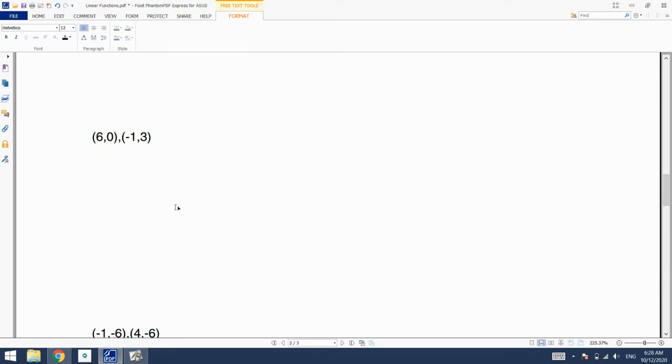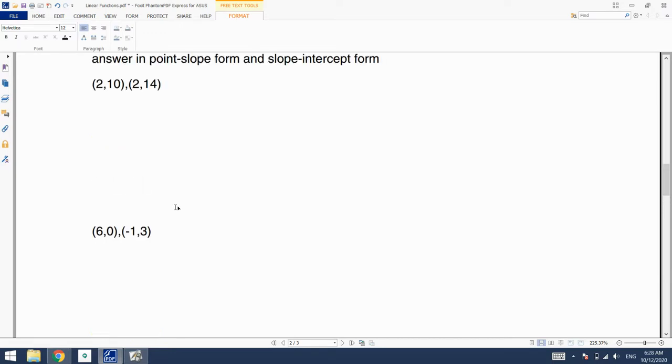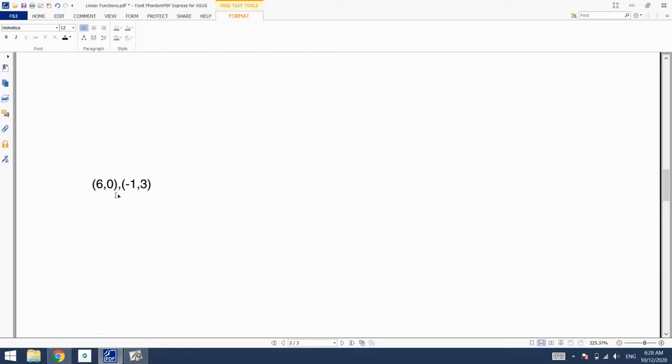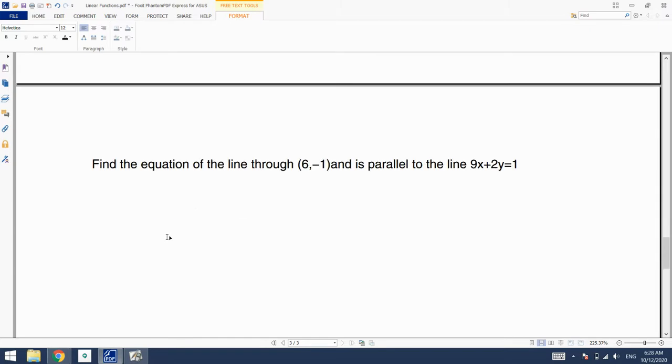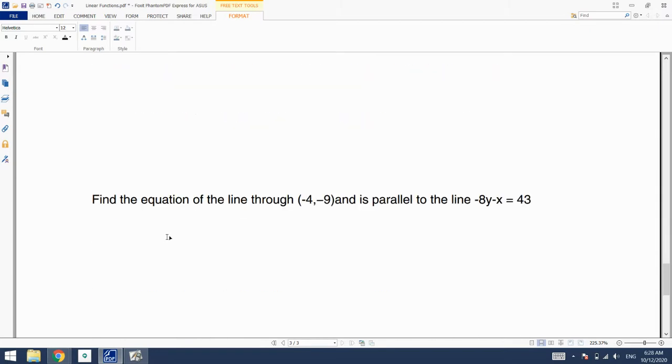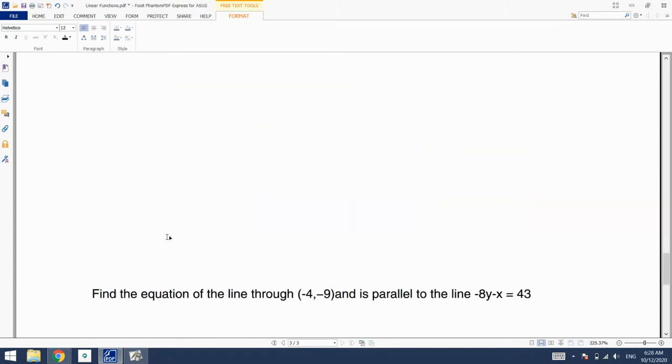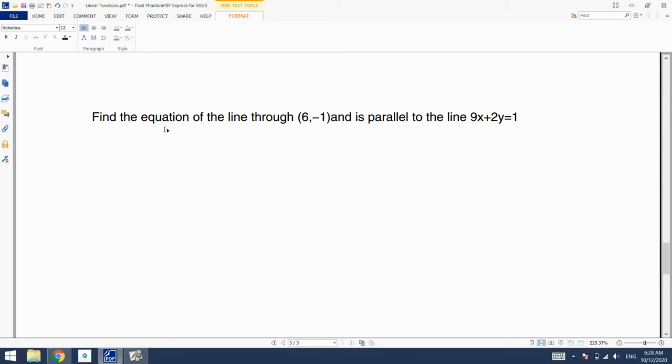As a little bit of extra practice for the extra part of the assignment, there's (6, 0), (negative 1, 3), and then (negative 1, negative 6) and (4, negative 6). It'll be up to you to figure that part out. But then there are also two more questions, one of which we'll go over.